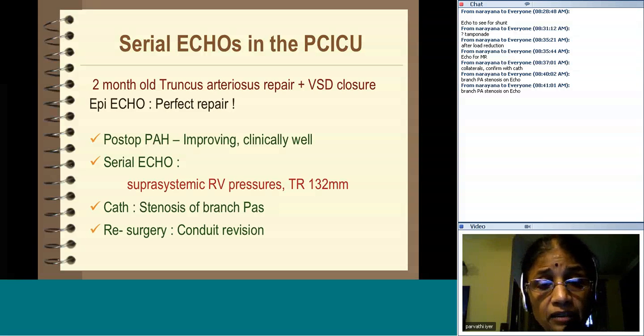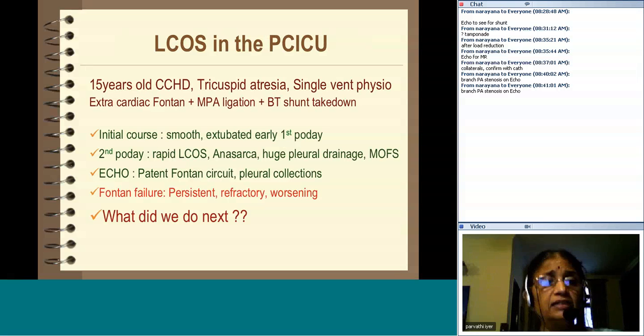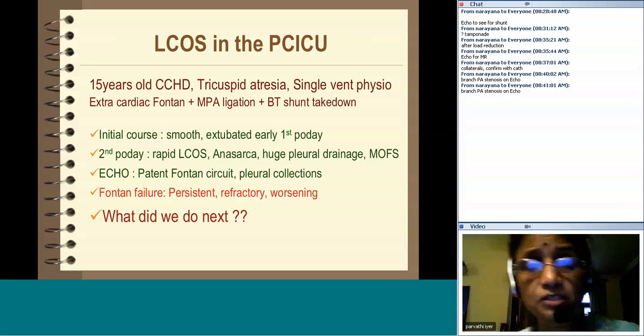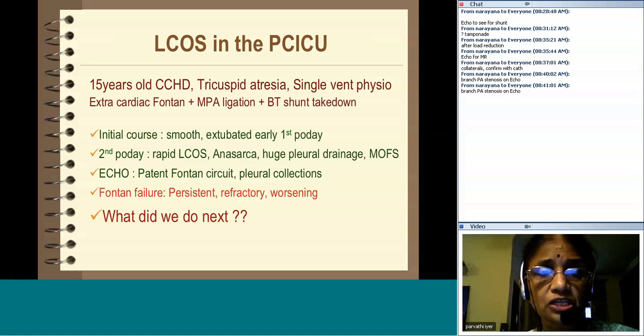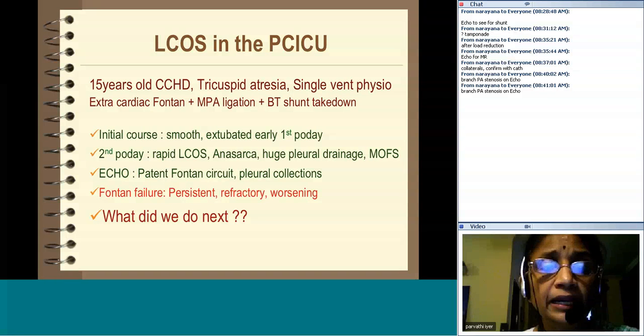This is yet another child, 15-year-old, tricuspid atresia, single ventricle physiology, extracardiac Fontan, MPA ligation, and BT shunt takedown. Initial course very smooth, extubated early first post-op day. Second post-op day, rapid onset low output state, huge anasarca, huge pleural drainage, 3 to 4 liters per day.